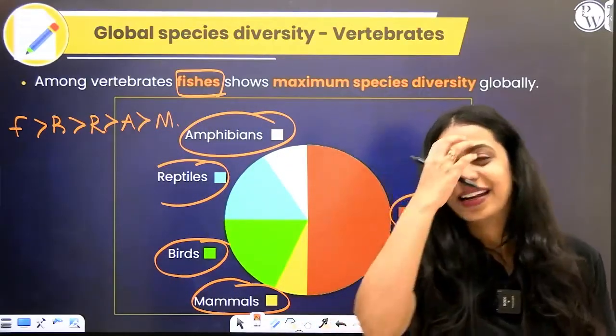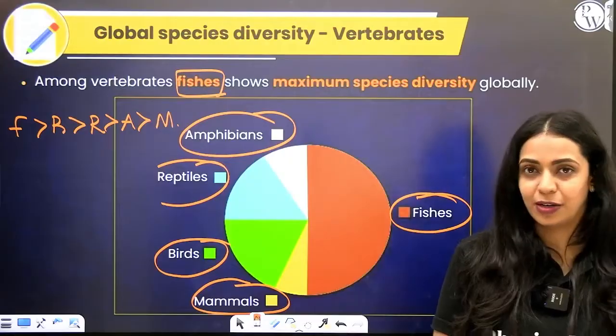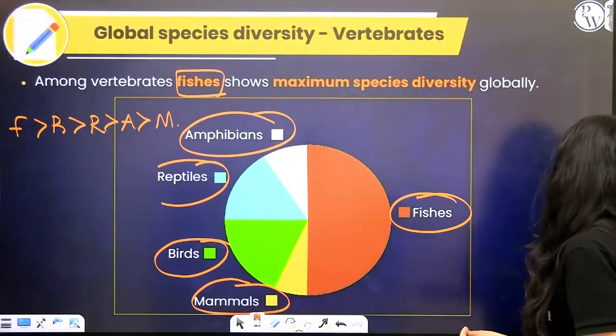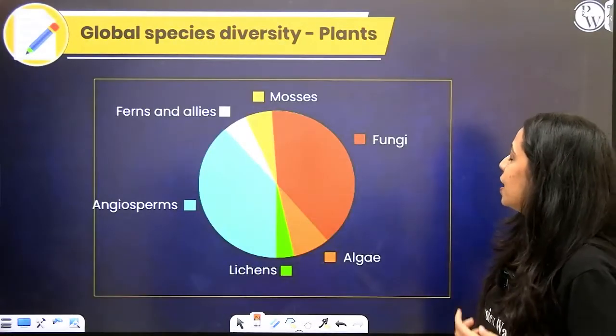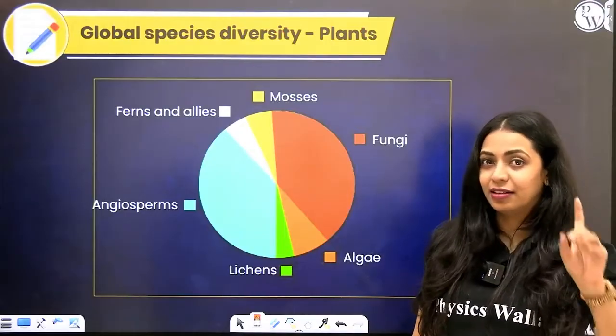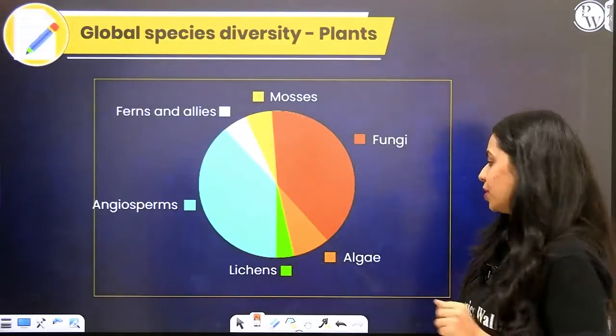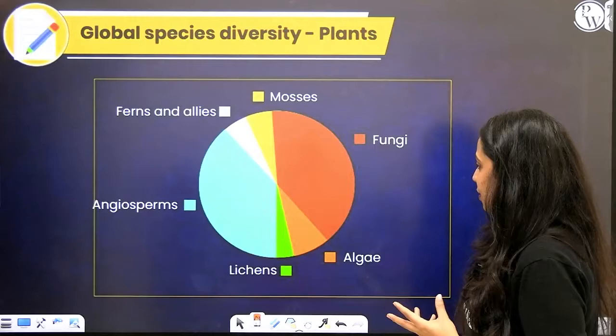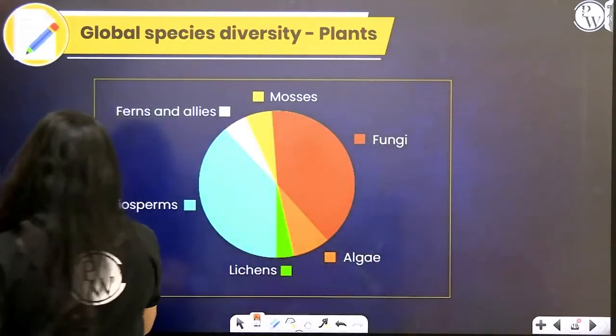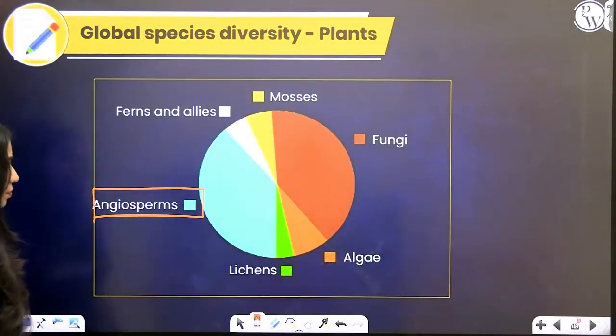Now we've learnt enough about global species diversity of animals. Let's consider the global species diversity that we see in plants. In plants, like I already said earlier, they include fungi also in this chapter. In plants, angiosperms are the most species diverse.